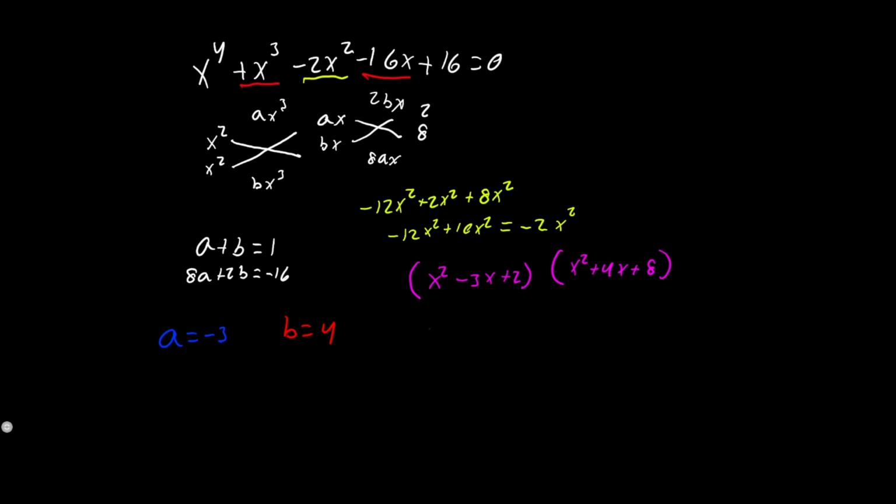And here we could reduce this to be x minus 1 times x minus 2, where we have x is equal to 1 and 2.